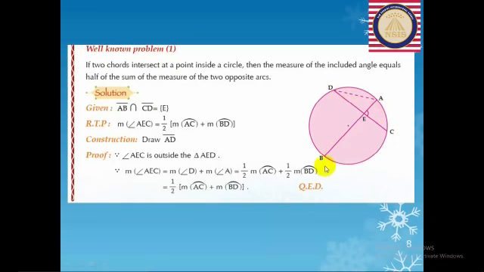The intersection between two chords makes vertically opposite angles here and here. So angle AEC equals angle DEB. Now I want the measure of angle AEC. How to get it?